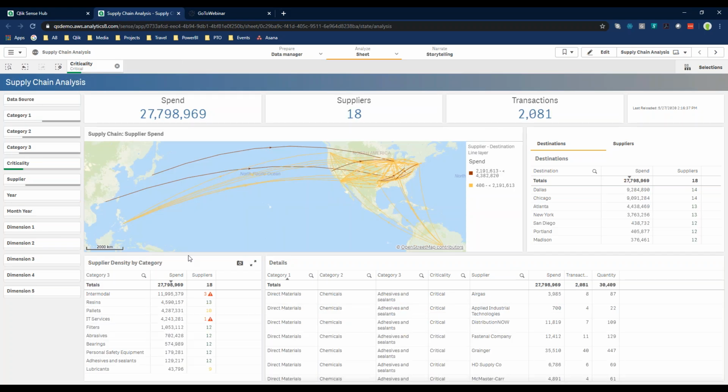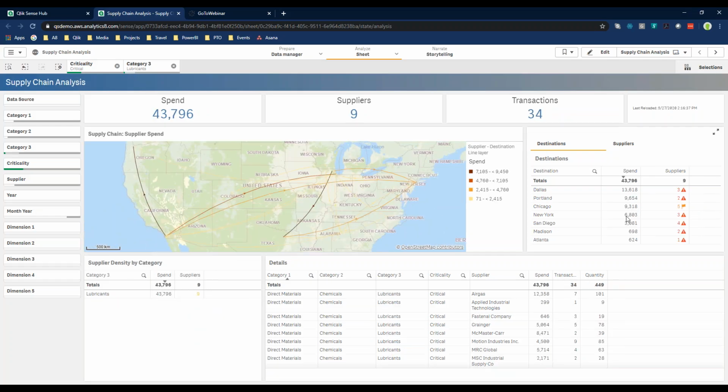Another area that you can start to work on here is creating the contingency plans. So for example, if I were to take a look at my lubricants, I can see for my specific factories located around the country that I'm at risk, maybe not overall in terms of the number of suppliers I have, but each of these individual factories may be at risk.